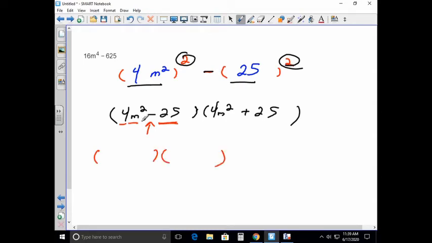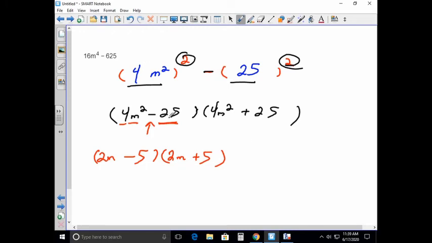So what squared makes 4? 2. What squared makes m squared? Well, m. And what squared makes 25? 5. So we would have 2m minus 5, 2m plus 5. Notice 2m times 2m is 4m squared, 5 times 5 is 25.